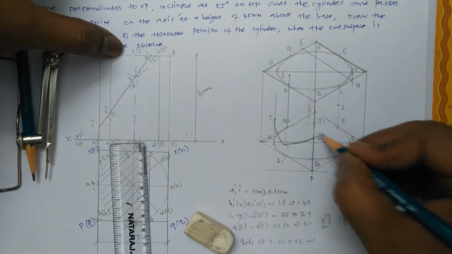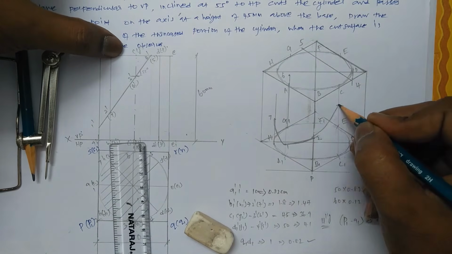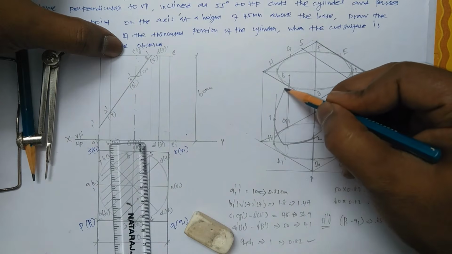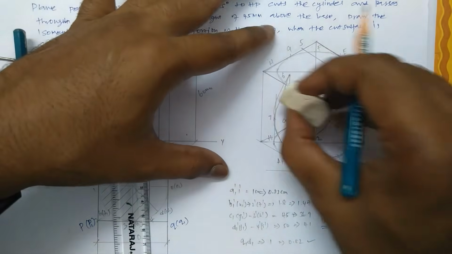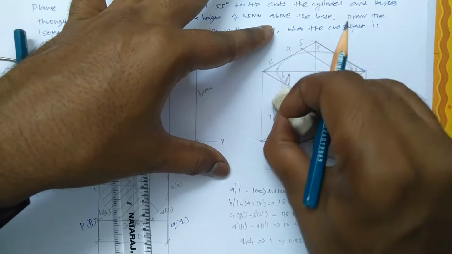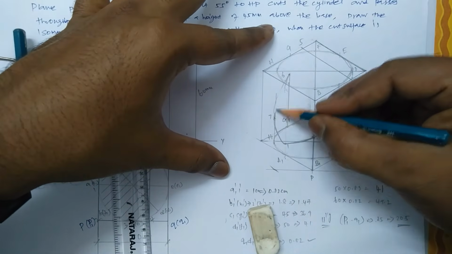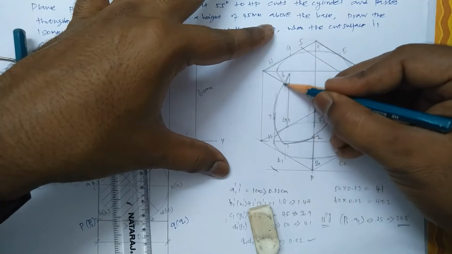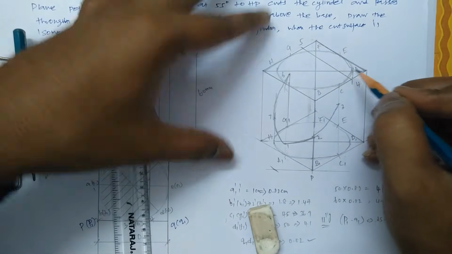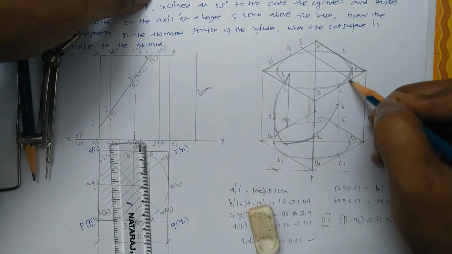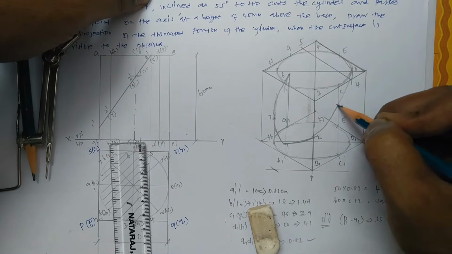So the remaining points. Actually, we have to touch 5. We will just consider the 5. And one more time, we just verify the distances. For 6, I think it has to be slightly more. Okay, it is okay.